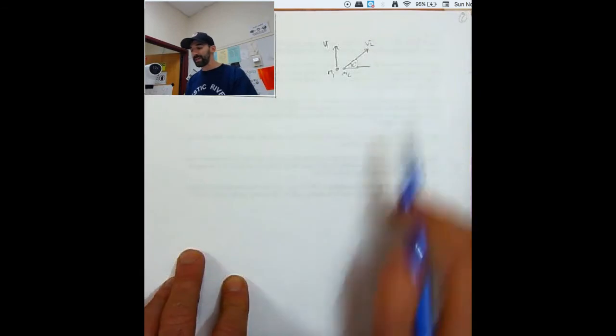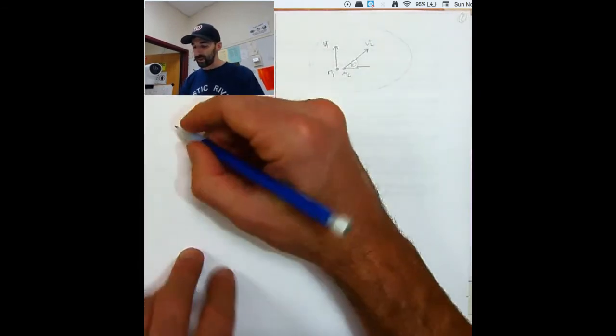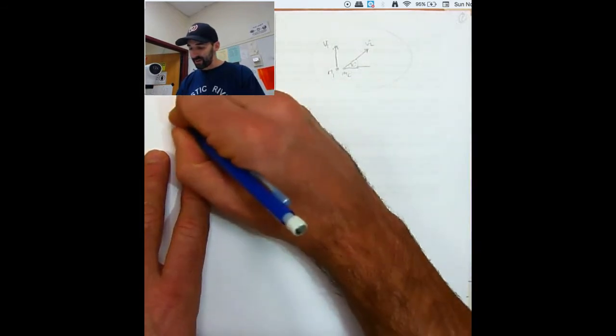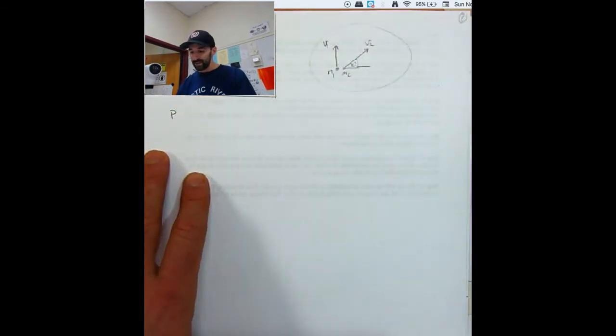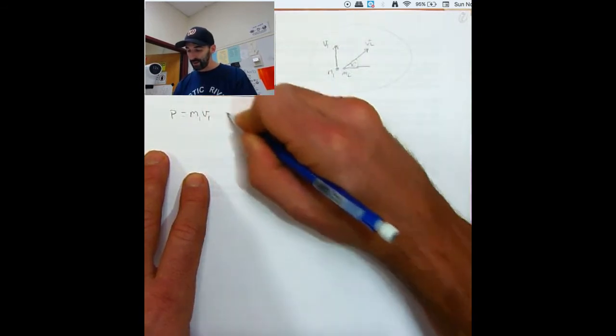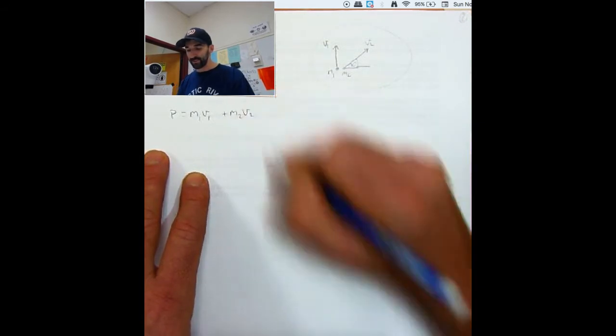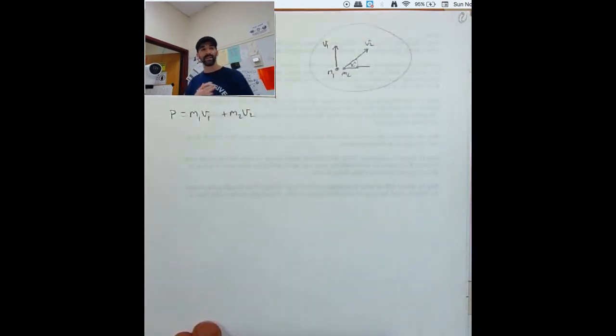So these two pieces make up my total momentum after the collision. So I want to know my momentum final. Well, my momentum final is going to be mass 1 times velocity 1 plus mass 2 times velocity 2. And again, I think it's going to be easiest to keep this in IJK notation right now.